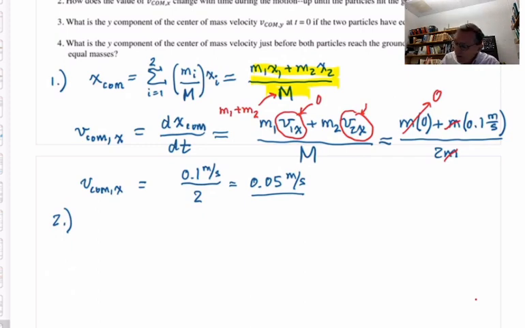So V2x, it's not 0, but it is constant. At what value? At 0.1 meter per second. So this calculation I did for VCOMx at time 0 is valid at any time up until they land. So VCOMx is constant.